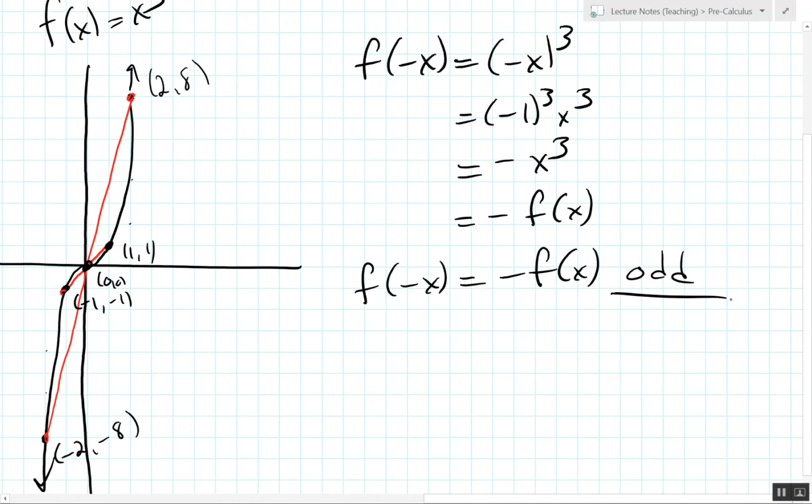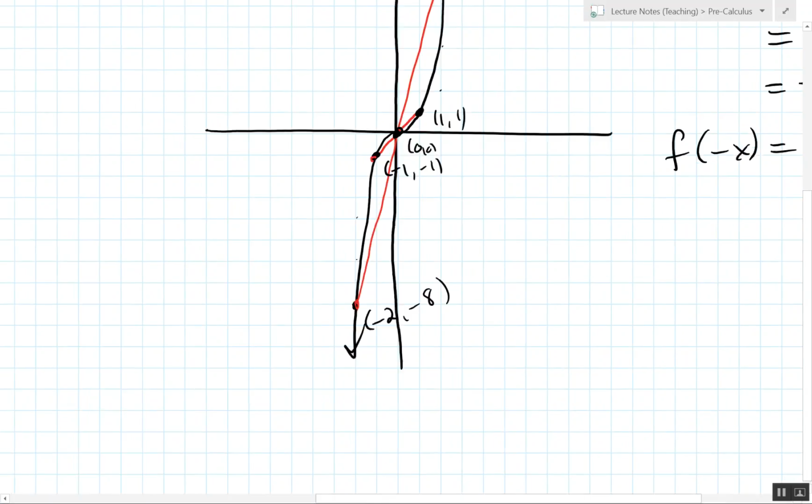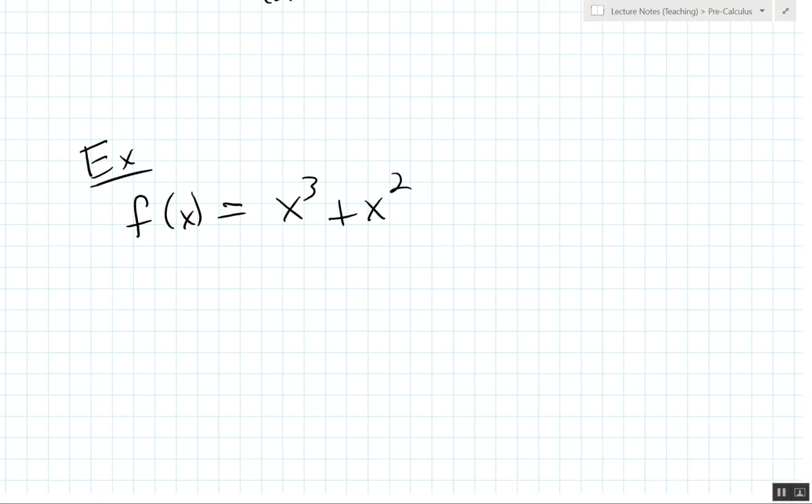So one of the things you're going to be asked to do is to prove whether a function is even, odd, or neither. So let me just come up with a random example here, and we will see what it is. So f of x equals x cubed plus x squared. So solution, to see if it's odd or even.